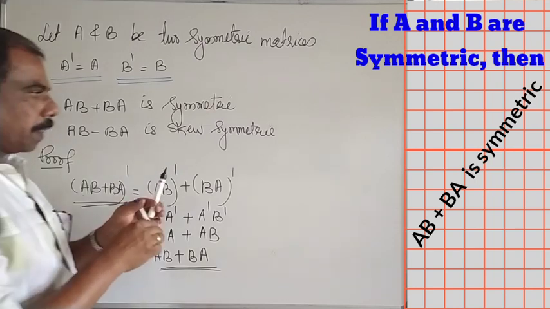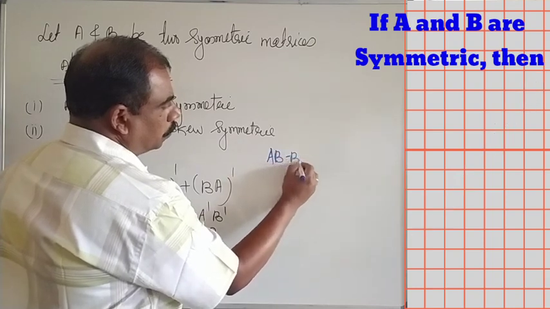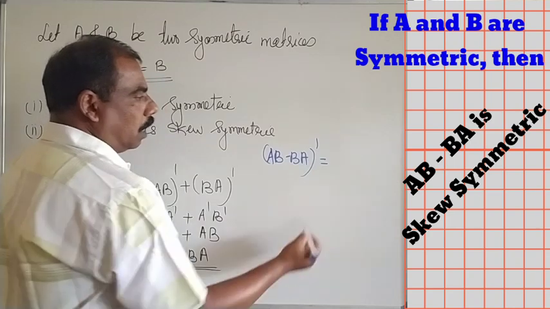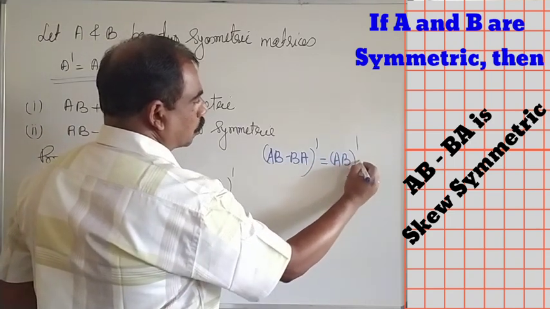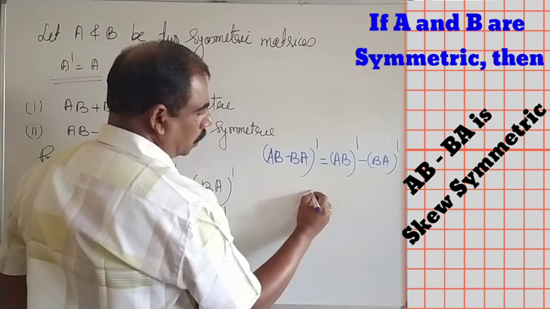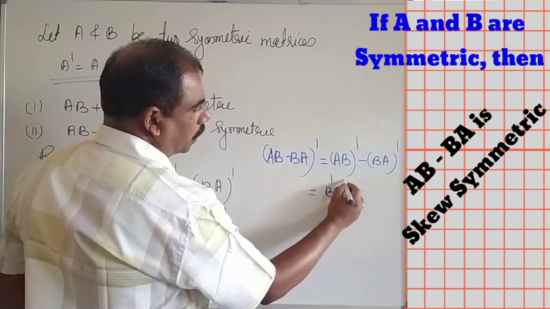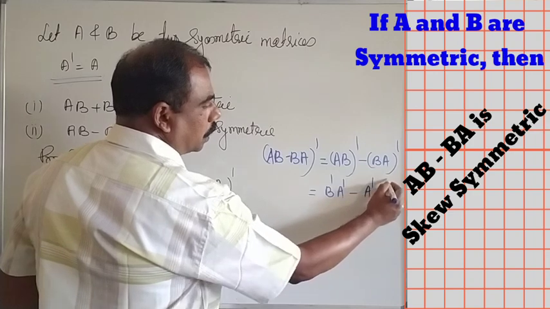For this, (AB minus BA) whole transpose is equal to, our definition says, (AB) transpose minus (BA) whole transpose. That's equal to B transpose into A transpose minus A transpose into B transpose.